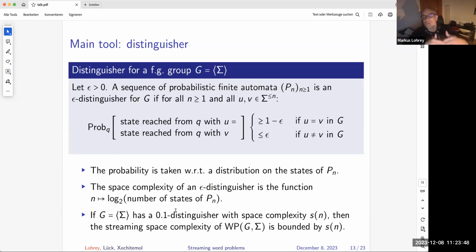It's not difficult. You can use this distinguisher to correctly accept the word problem for a given input word with high probability. Basically, you set one of the 2 words, let's say v, to the empty word, and use this property of the distinguisher. That's all you do. So distinguishers are something stronger than probabilistic streaming algorithms for the word problem. Actually, it's open whether they are really stronger, but that's another question.